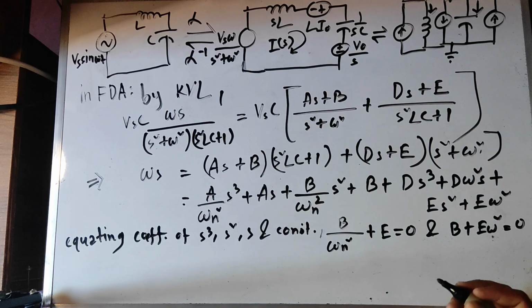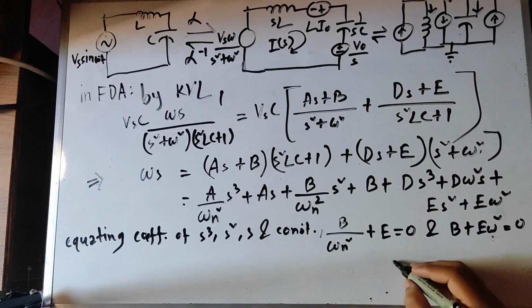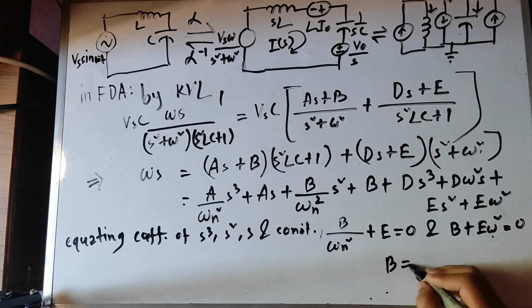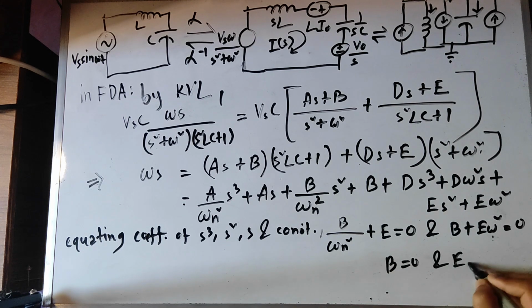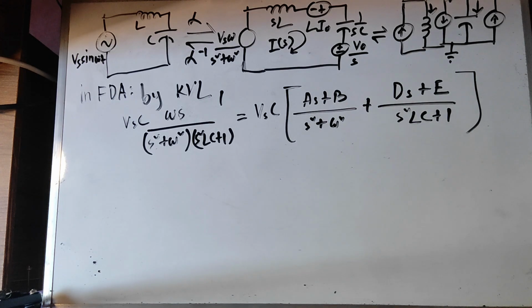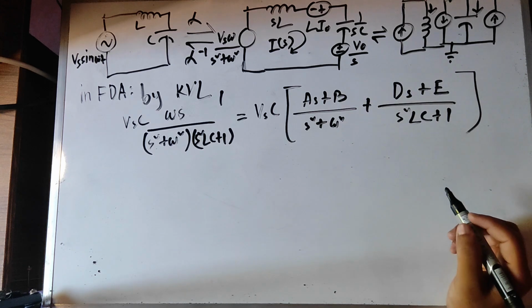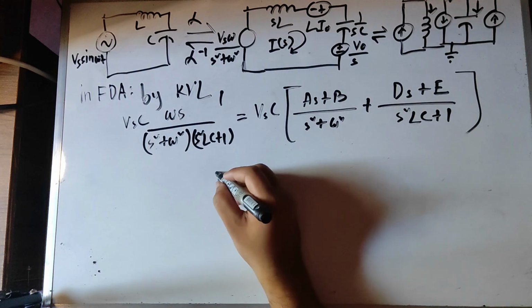So both B equals 0 and E equals 0. We have found our constants.